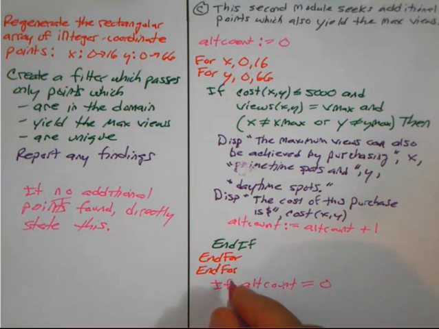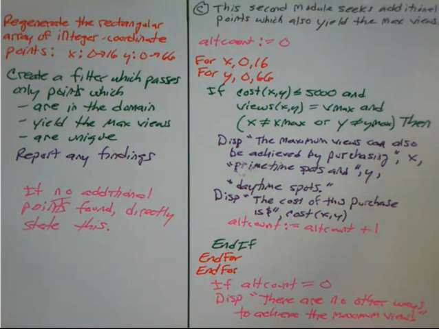So if this is true, it will execute the very next statement, and the next statement should be to display the no result statement. Okay, so we can display there are no other ways to achieve the maximum views under these conditions. And if the alt count actually becomes kicked up to 1, 2, 3, or 4, this statement never gets said because of the nature of this very simple if command here.